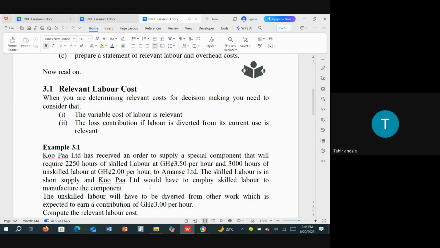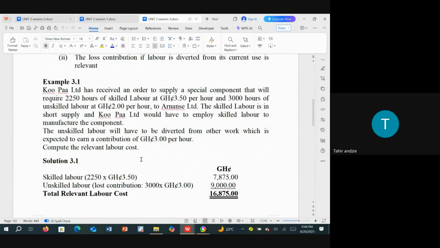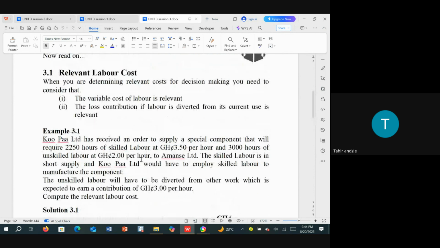Yes, sir. Now let's look at some example here. Copa Limited has received an order to supply a special component to Anansi Limited that will require 2,250 hours of skilled labor at 3.5 cedis per hour, and 3,000 hours of unskilled labor at 2 cedis per hour.